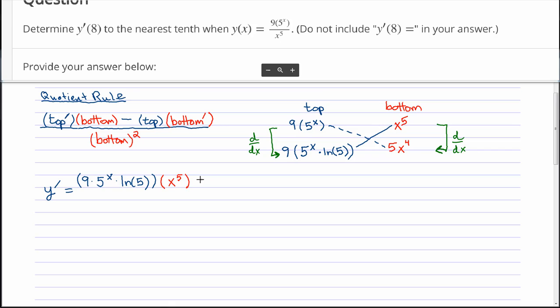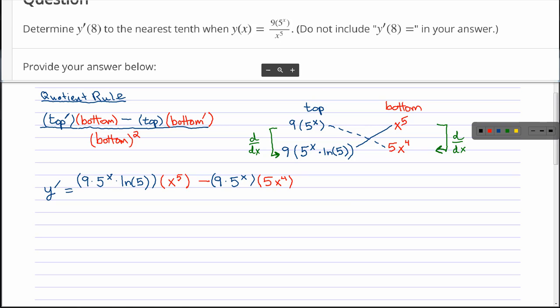And then now we subtract the top function, which is 9 times 5 to the x. And then that gets multiplied by the derivative of the bottom, and the derivative of the bottom is 5x to the 4th.